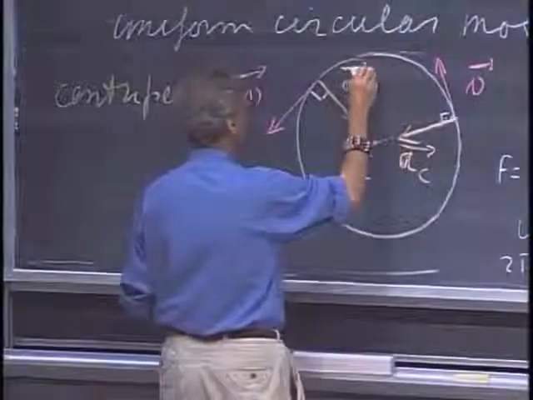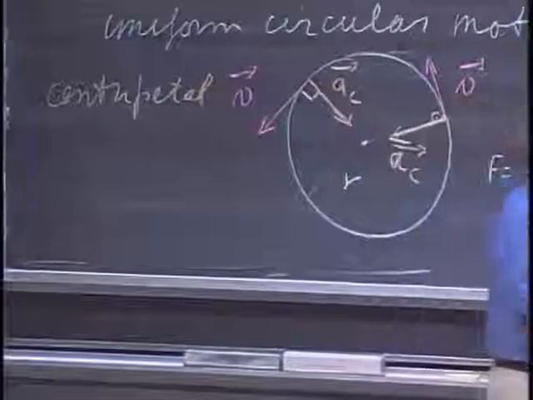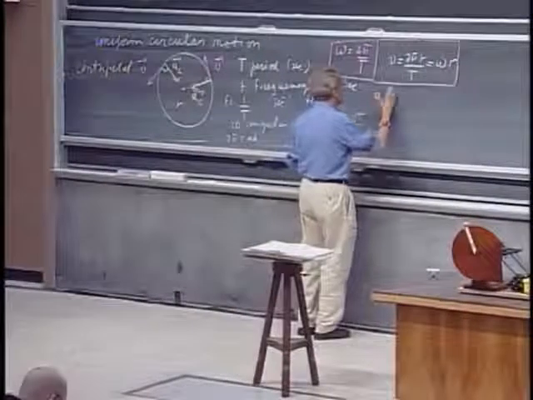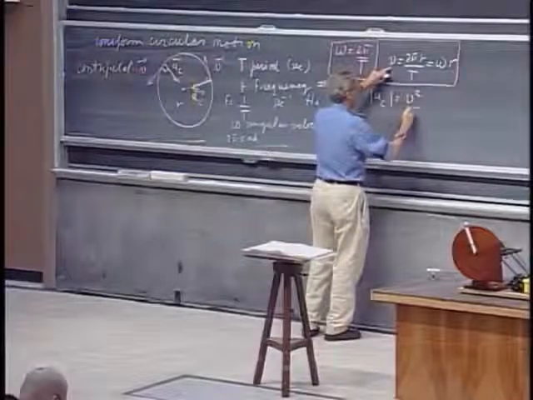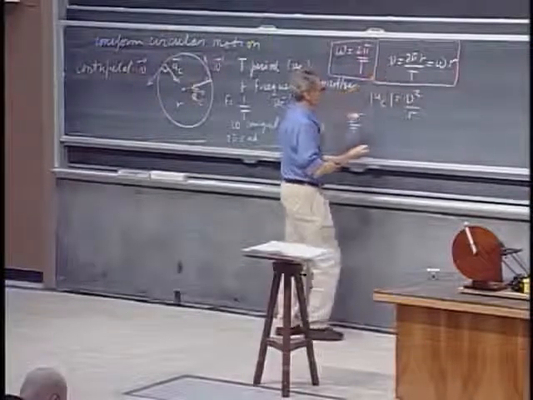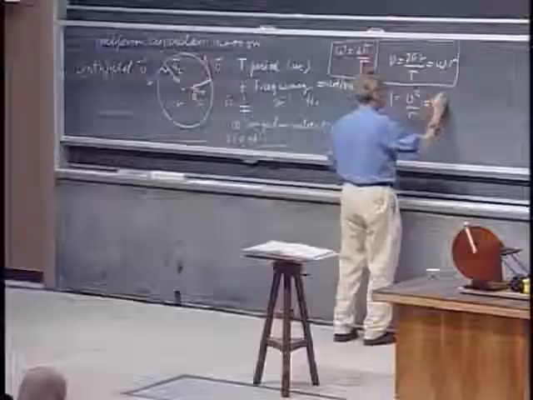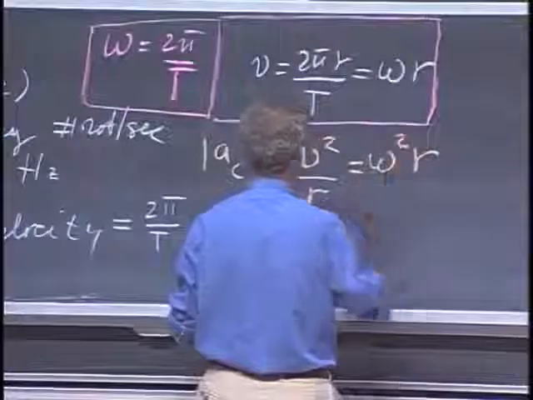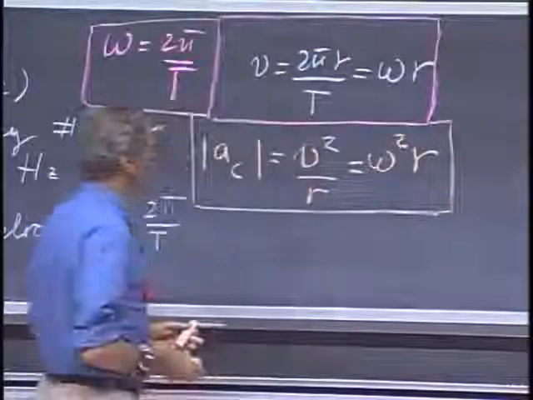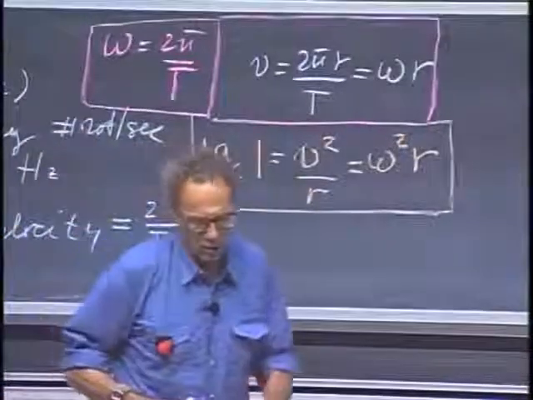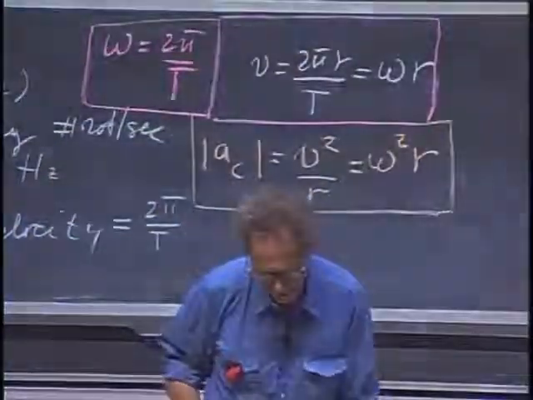It's a vector. And the magnitude of the centripetal acceleration equals v squared divided by r, which is this v, and therefore it's also omega squared r. And so now we have 3 equations, and those are the only 3 you really would like to remember.